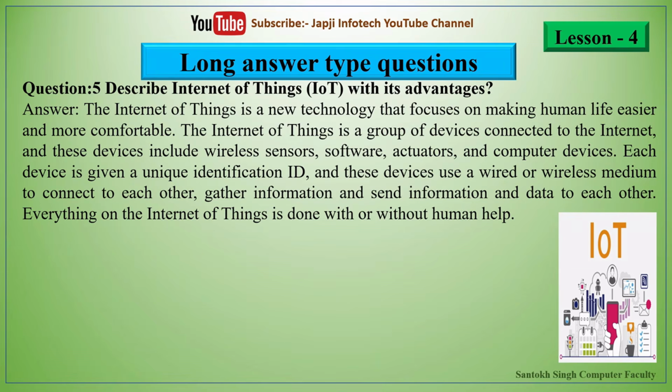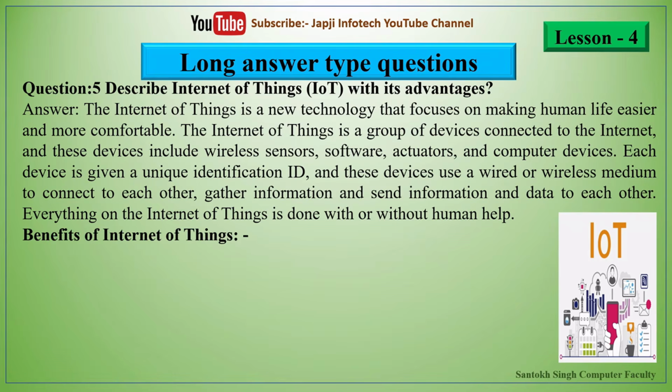Each device is given a unique identification ID, and these devices use a wired or wireless medium to connect to each other, gather information, and send information and data to each other. Everything on the Internet of Things is done with or without human help.